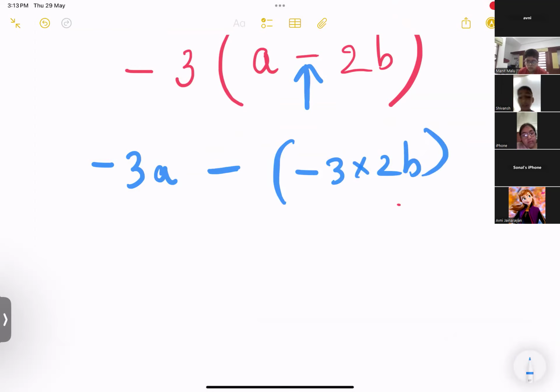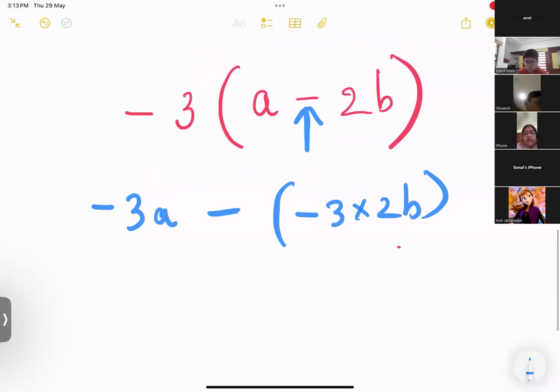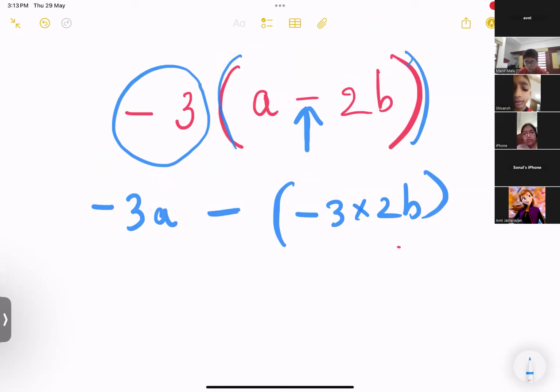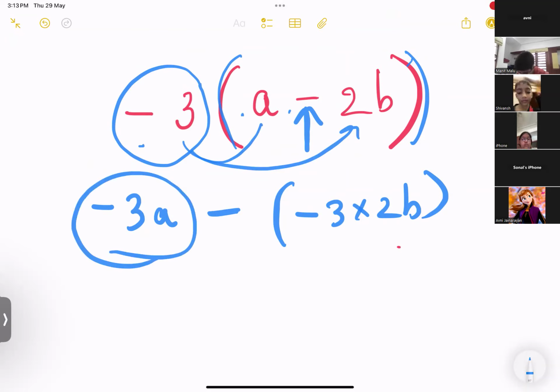Ma'am, I didn't understand. Can you please repeat? So we are going to open the bracket, children, from here. Minus 3 is common for a as well as 2b. When I open the bracket, minus 3 times a becomes minus 3a. Clear? Then the symbol is there. I'm going to write the symbol as it is.